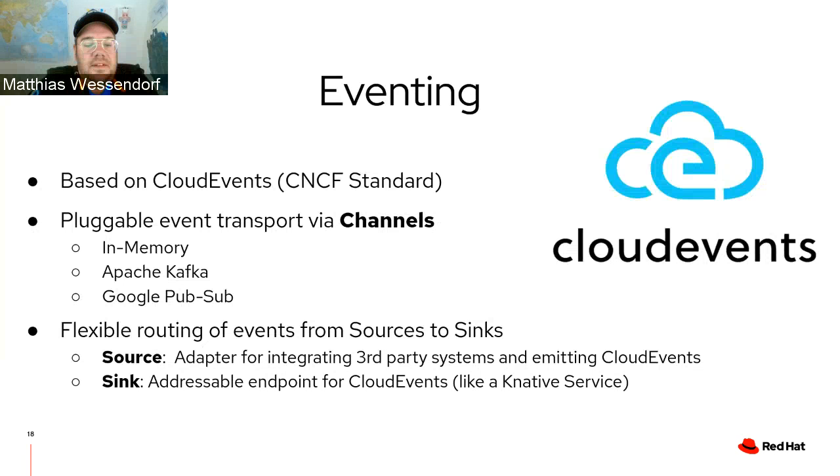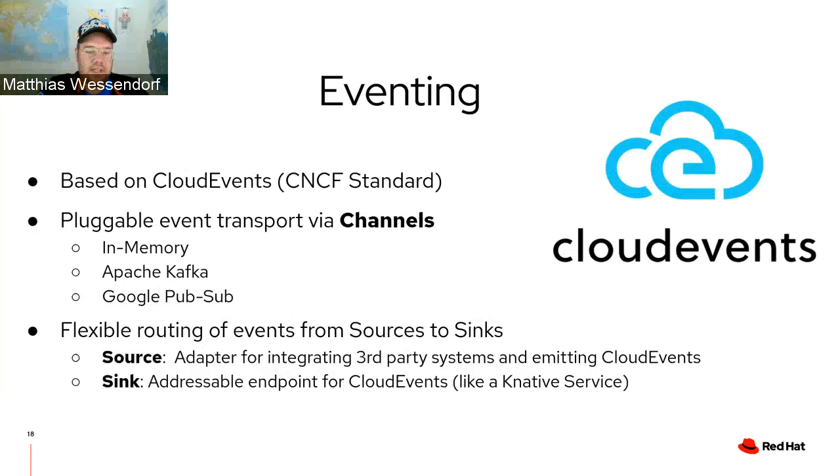And the really interesting part here for the integration with third-party systems is a source. So you can easily develop your own source where you can call into your own legacy system, for instance, or into your specific database or whatever kind of third-party system you have. You receive the events and then you emit them as CloudEvents to the Knative components like the sinks.